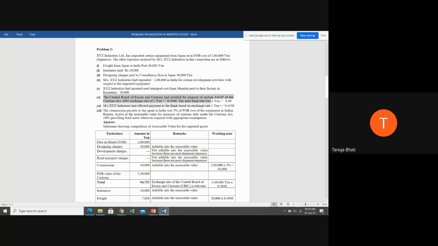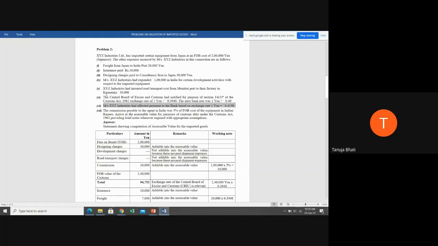The Central Board of Excise and Customs has notified for the purpose of Section 14, sub-section 3 of the Customs Act 1962 that the exchange rate of 1 yen is 0.3948 rupees. The interbank rate is 1 yen equals 0.40. XYZ Industries had effected the payment to the bank based on 1 yen equals 0.4150.